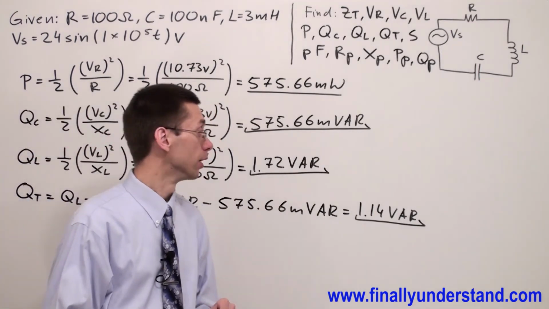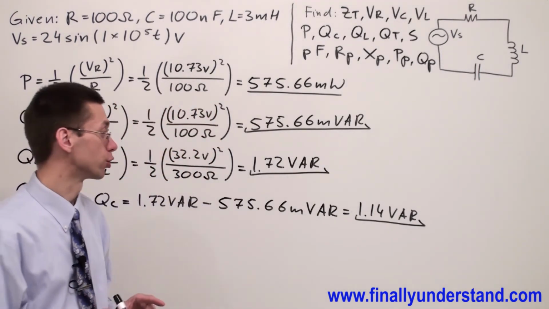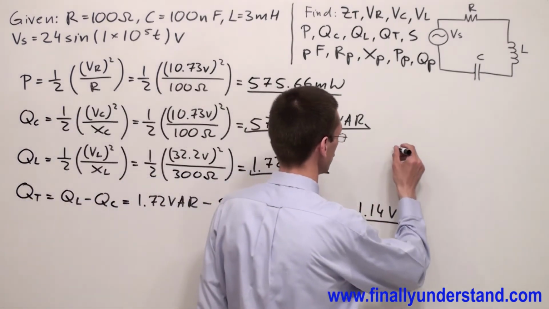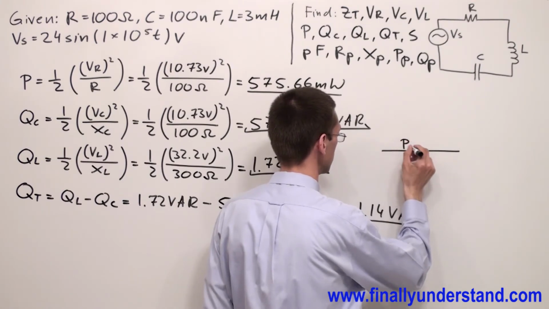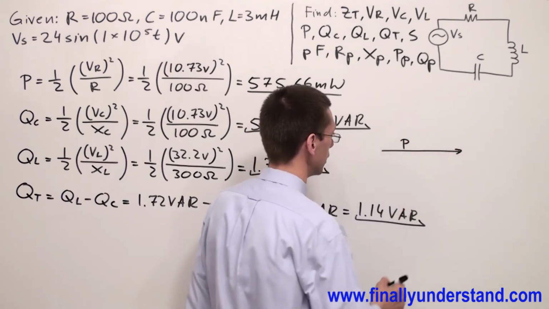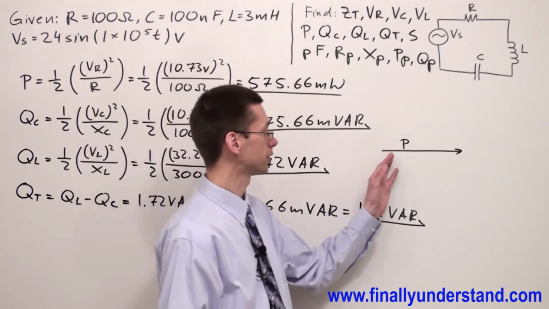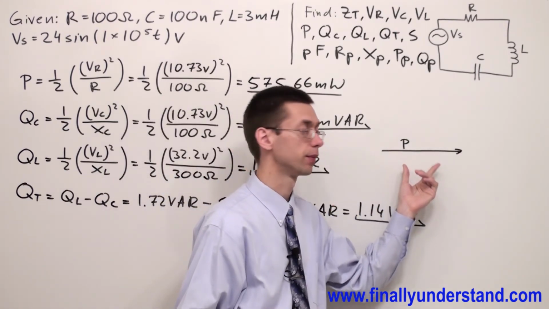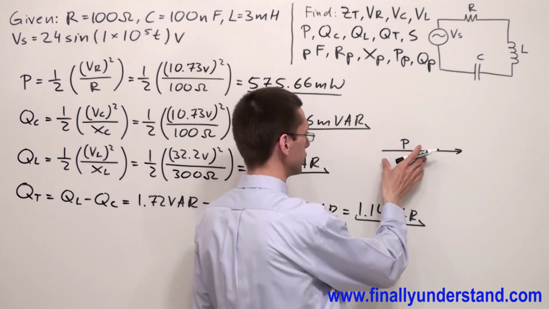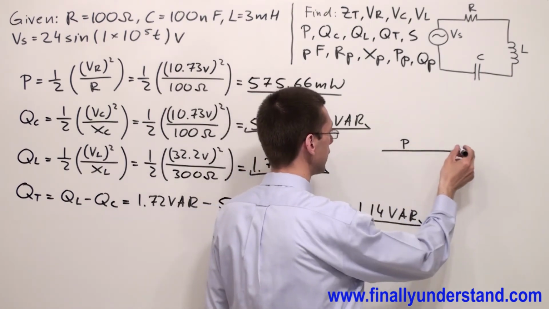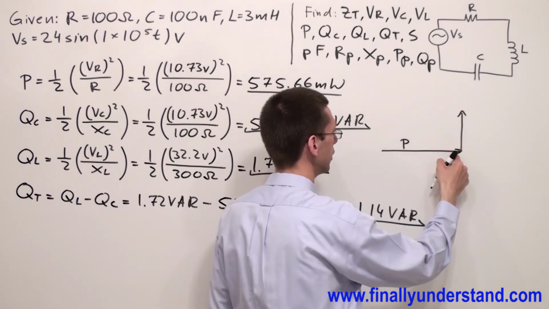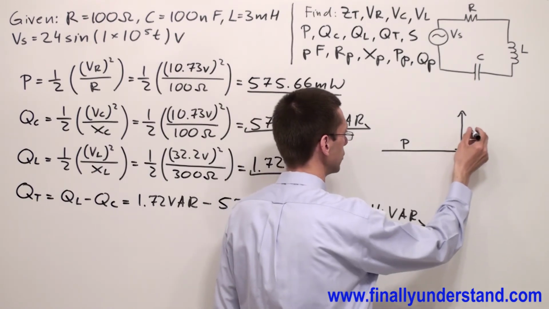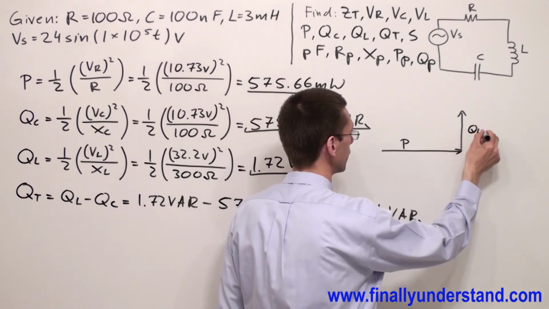total. To make a long story short, we're supposed to realize that anytime we talk about the true power, we talk about the vector which has a certain magnitude and angle of 0 degrees. Anytime we talk about QL, we talk about the vector which has an angle of 90 degrees. Okay, so I have QL.